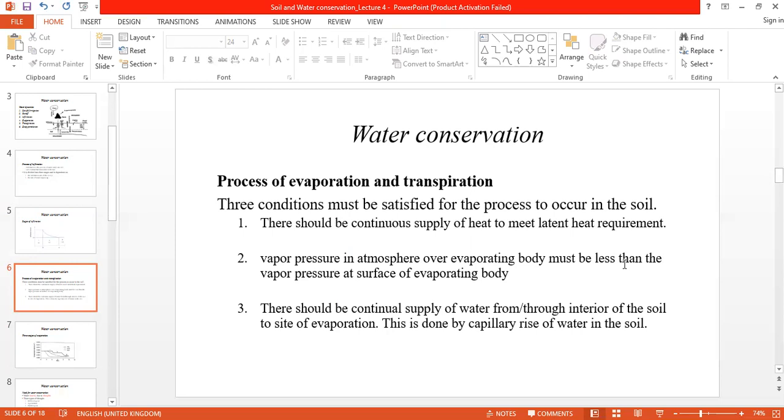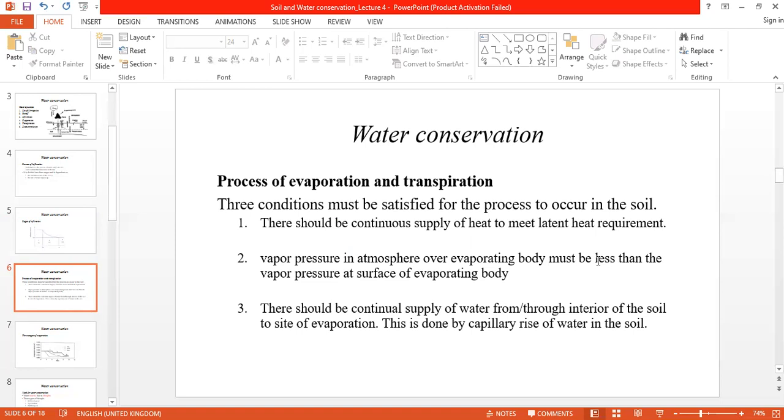Now gas moves from a place of high concentration to a place of lower concentration. So it means that since that water is supposed to go into the atmosphere, the concentration in the atmosphere should be less.